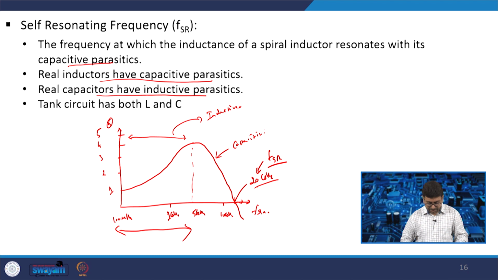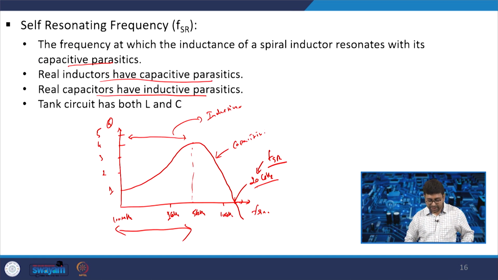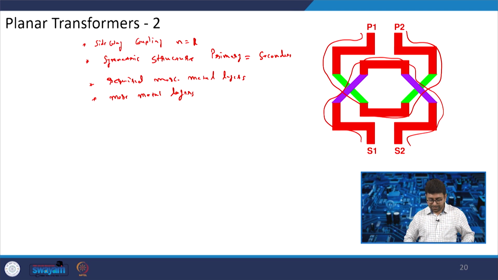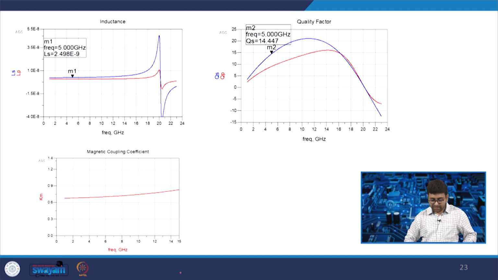If we try to summarize, here is the same example in ADS. We have seen the example of an inductor in ADS. Now the same example is also there for the transformer. So this is a transformer. Here turns for P is 1, turns for S is 2, line width is 10 micron and line spacing is 3 micron. There is an x and y dimension as shown. So what is the performance?